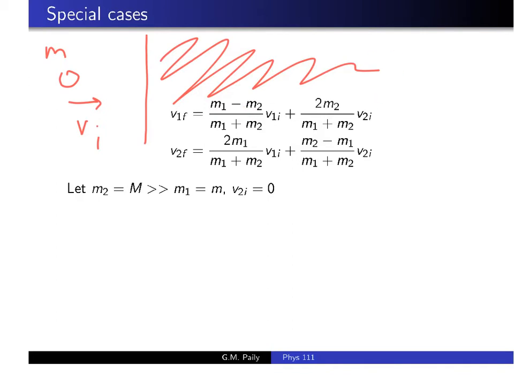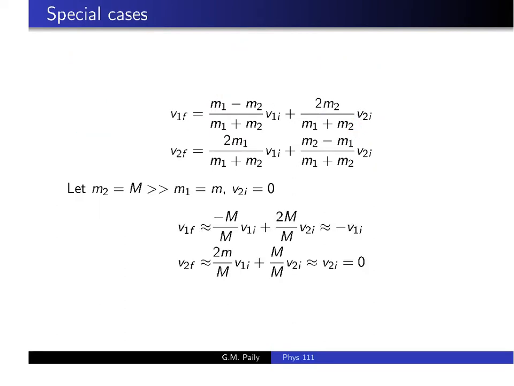Well, what do these equations tell us? We see that v1 final, what happens to the two different terms? Well, this term can be dropped because v2 initial is 0, so that goes away.